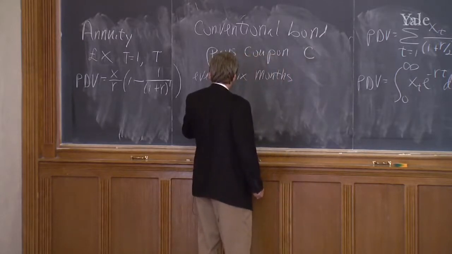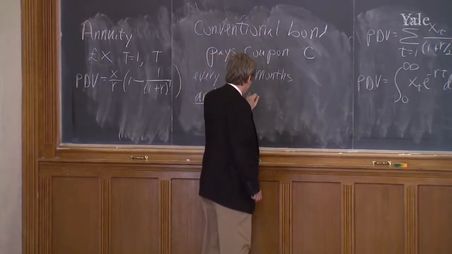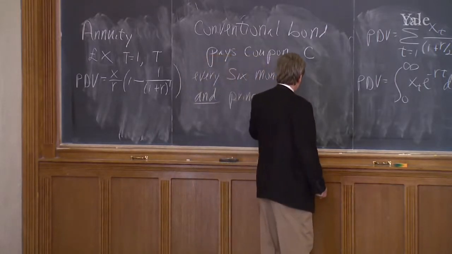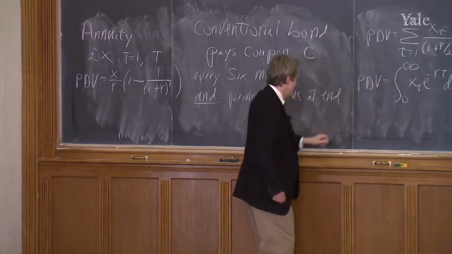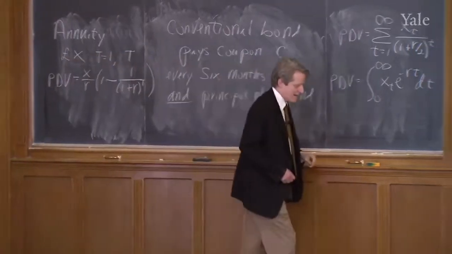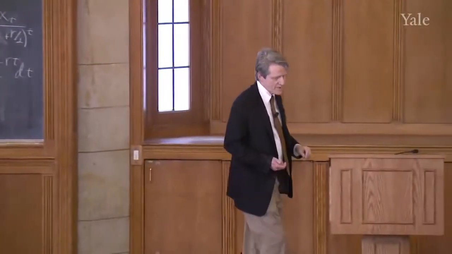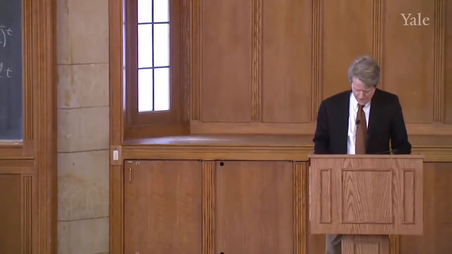And principal plus C at the end. So that means that it's really an annuity and a discount bond together, right?